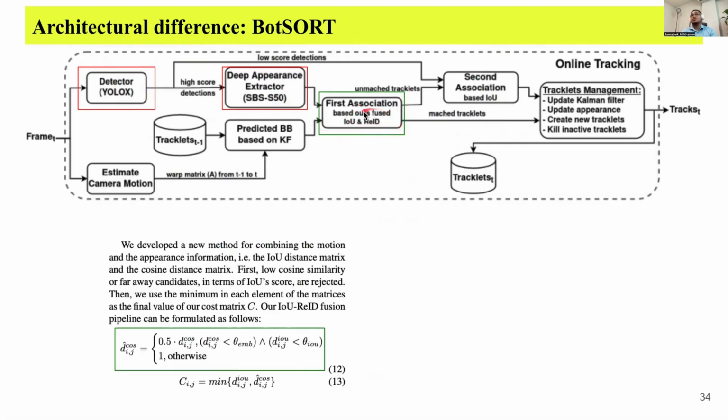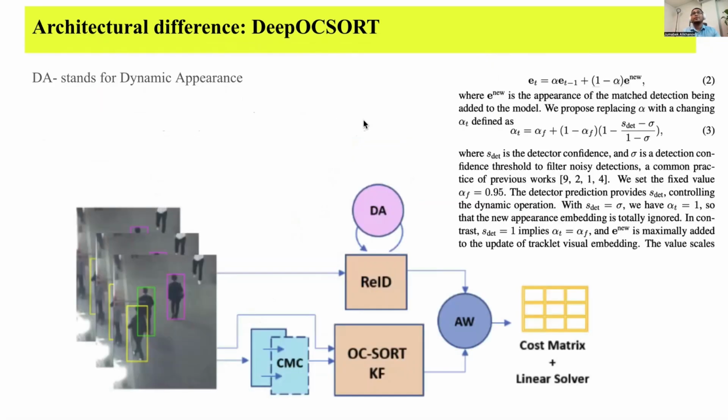What they do is they do some modification here in how they merge their costs, the IOU and the ReID cost, how they integrate these costs. So this is a small algorithmic update, right? And that's how people have been working in the domain in terms of ReID-enabled tracking.